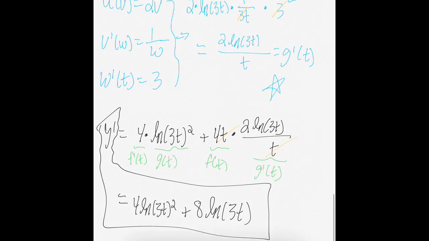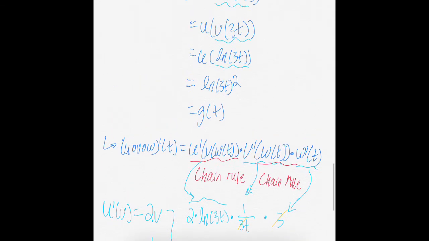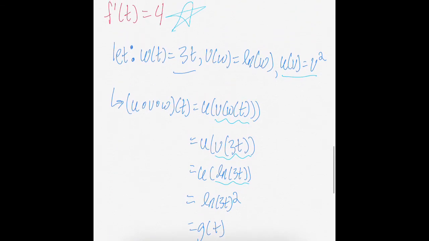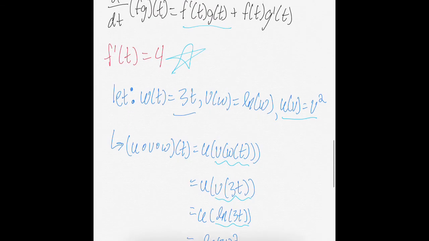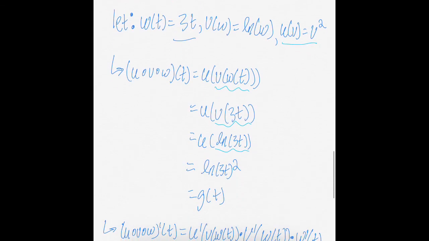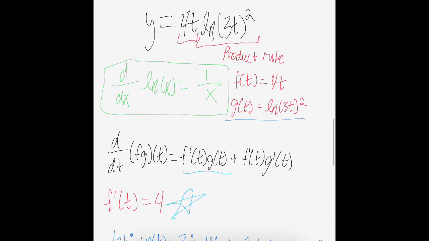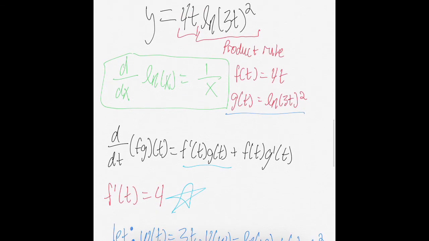As you get more comfortable, you are, of course, welcome to skip some of this work. Of course, you have to show something, but I hope that breaking it down like this is helpful for some people.